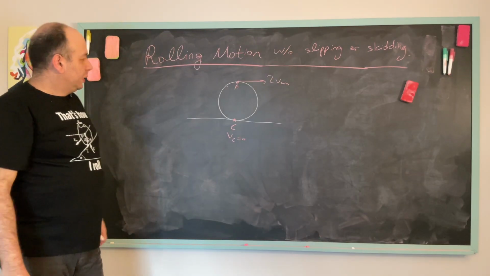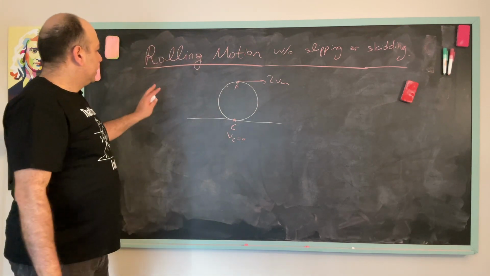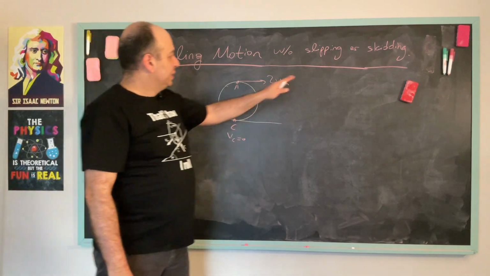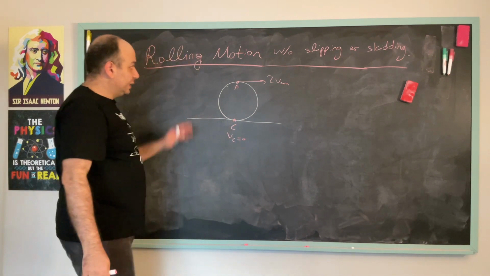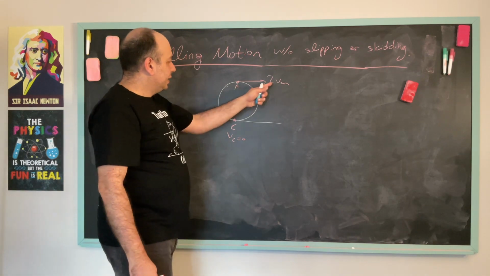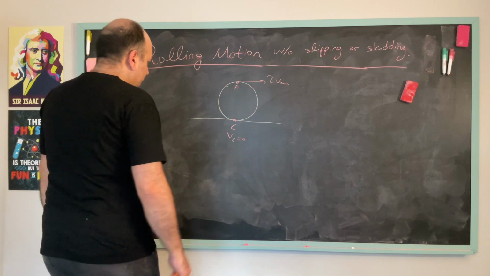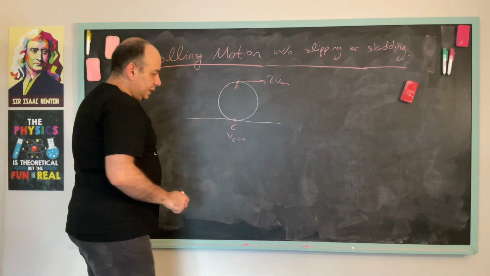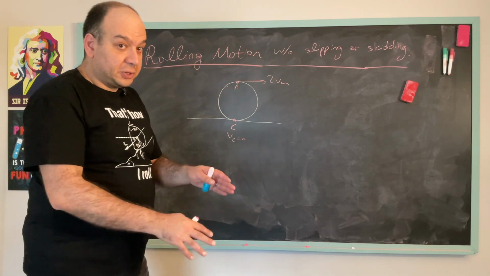Now we will discuss something really crucial. We are still looking at the rolling motion without slipping or skidding case. As we showed before, the point of contact in this type of motion is always at rest, and point A has double the speed of the center of mass. Since this point is in contact with the floor, we can think of friction.